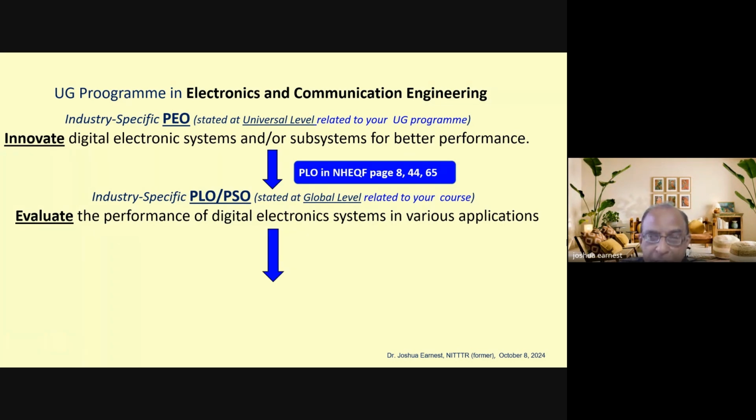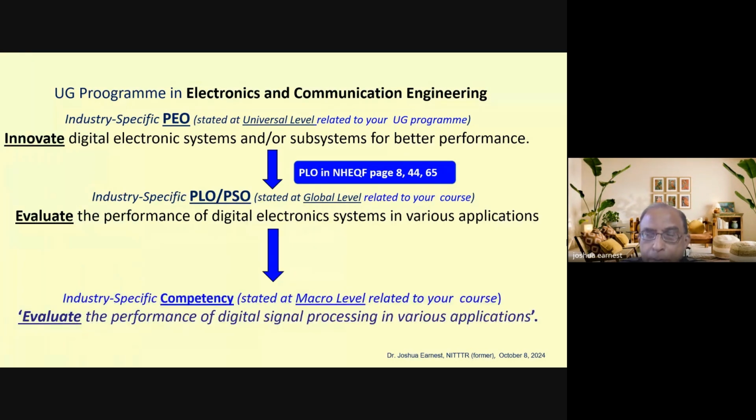Based on the PSO, we arrive at the competency: evaluate the performance of digital signal processing in various applications. You see the difference? The PSO addresses a number of courses, while the competency addresses only one course, digital signal processing.